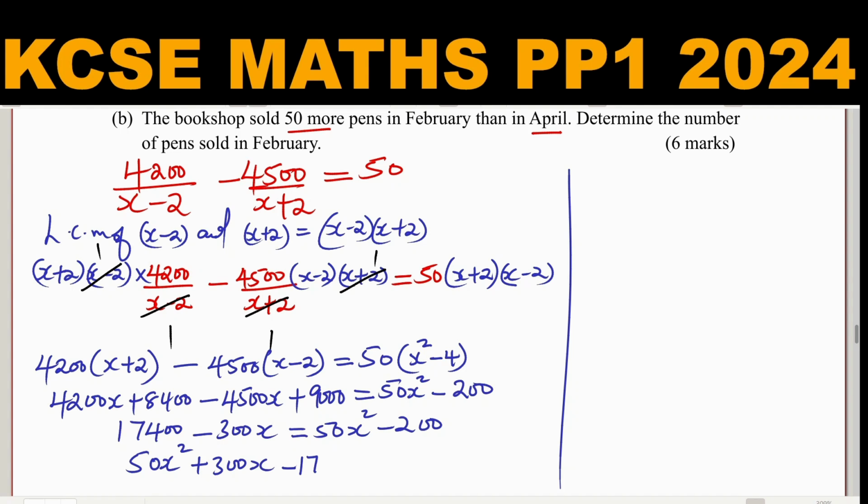We have 8,400, yeah, it is okay. Let me confirm, 8,400 plus 9,000 is 17,400, is equal to 0.